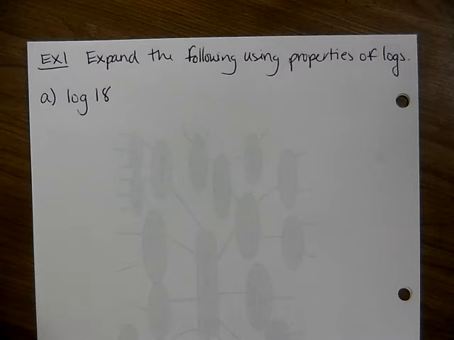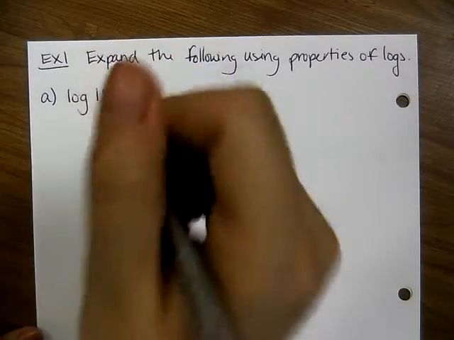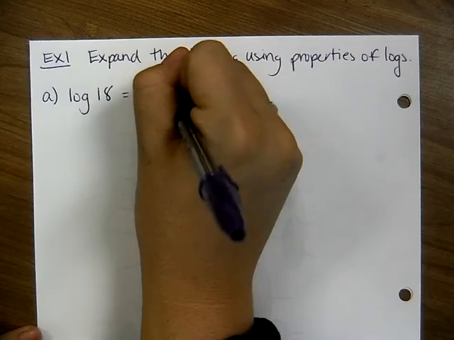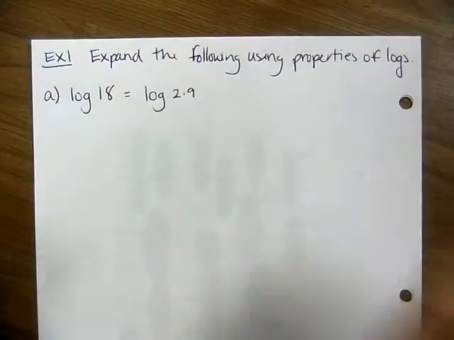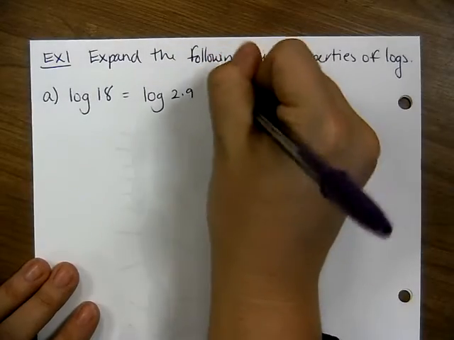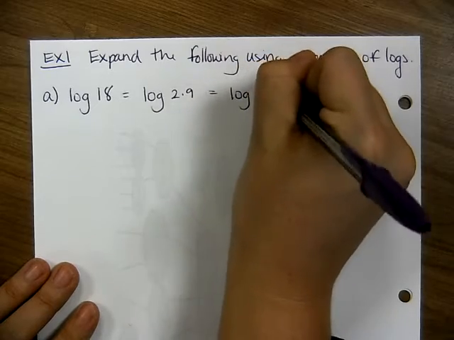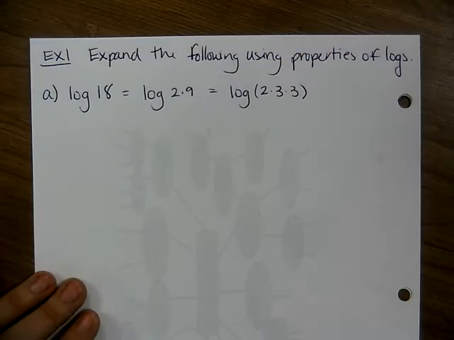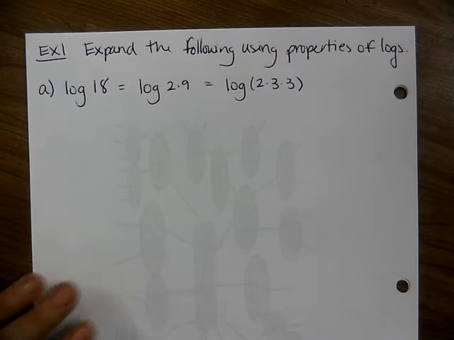So what you want to do is use prime factorization on this. You want to think about 18. So how can we represent 18 in terms of prime numbers? Everybody agree 18 is like 2 times 9, right? So this is really like log of 2 times 3 times 3. Agree? Okay.